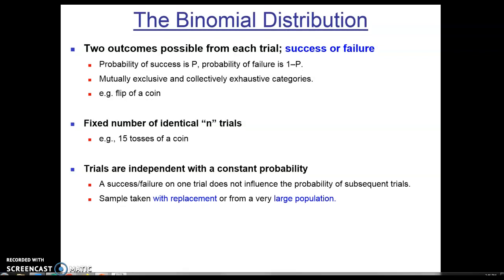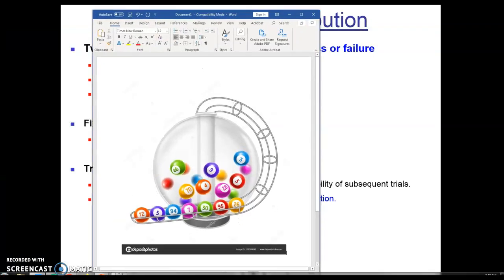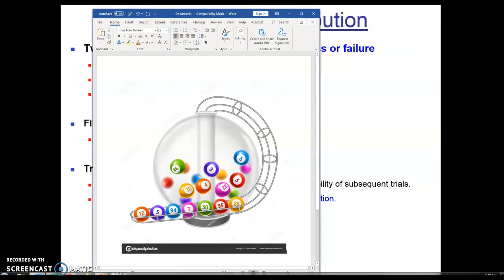An example of where we don't have independence and constant probabilities is with the lottery. Here's an example of how the lottery selects numbers. They have these balls that are in some sort of device here. Then the balls are ejected. Well, let's say there's 100 balls in there initially. The probability of getting a 12, the first ball to come out, is 1 out of 100.